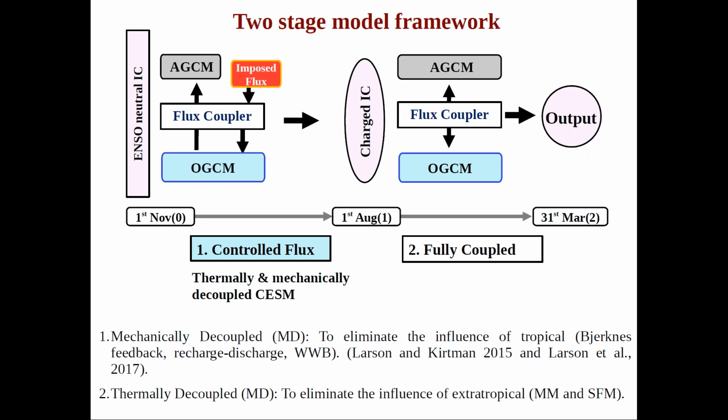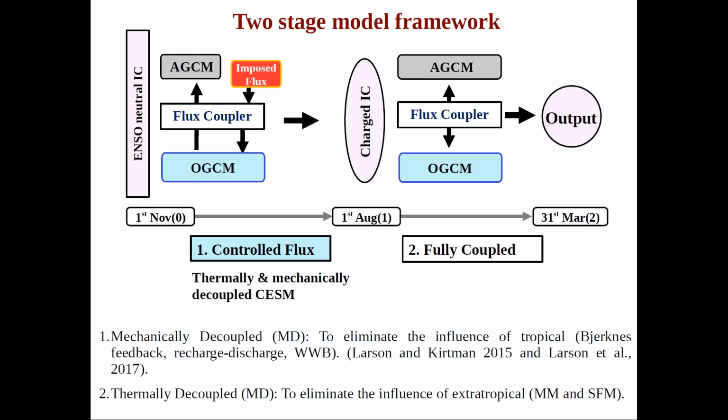So we calculated the flux offline, and we put that flux in the flux coupler. So the ocean can influence the atmosphere, but the ocean only gets the fluxes from the imposed forcing, and so we call it thermally and mechanically decoupled.